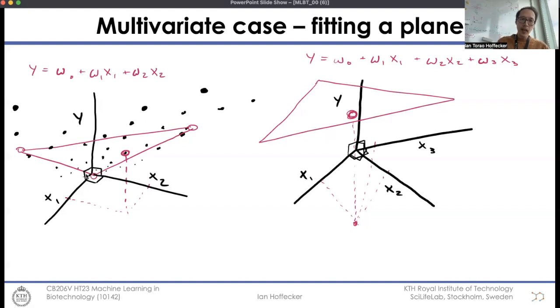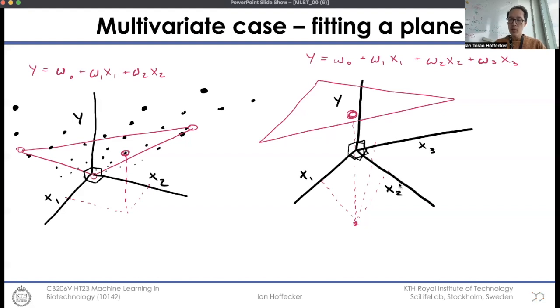We've got these two axes here, and we could pick a particular set of x1 and x2 values, and our model is then going to spit out a single y value that's predicted for those two inputs. So the plane here is going to be determined by the weights that we have up here.